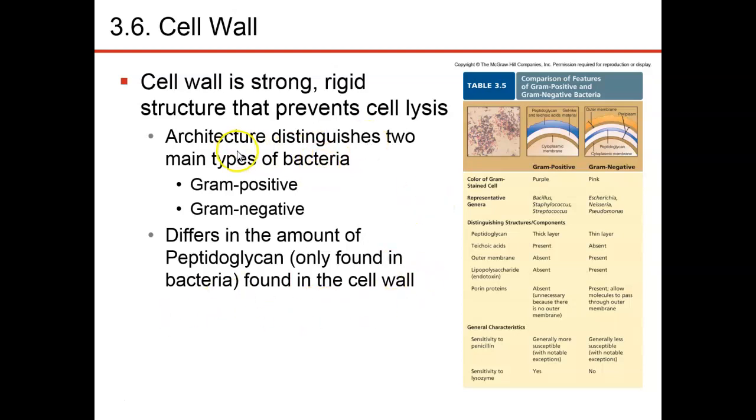Bacteria have two distinguishable types of cell walls. And this breaks them into two groups. Either they are considered gram-positive or they are considered gram-negative. The difference is associated with the amount of peptidoglycan in the cell wall.